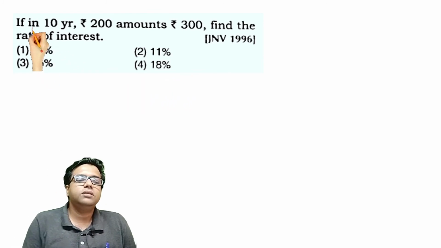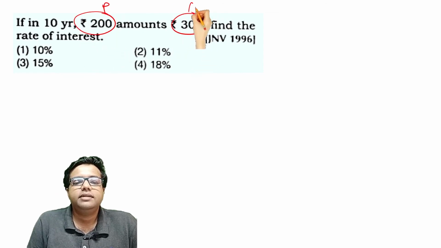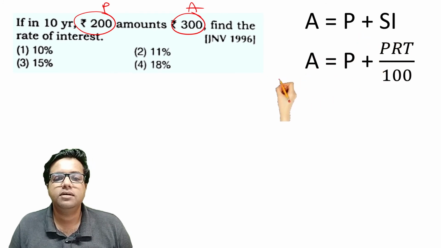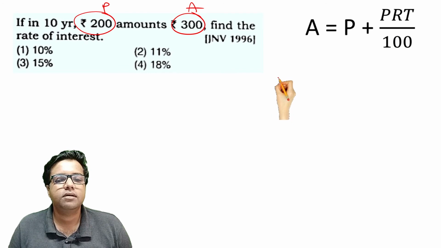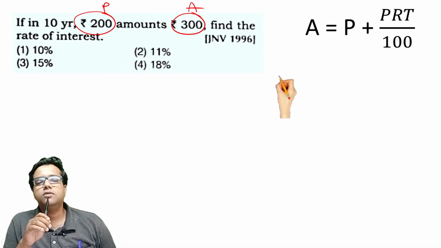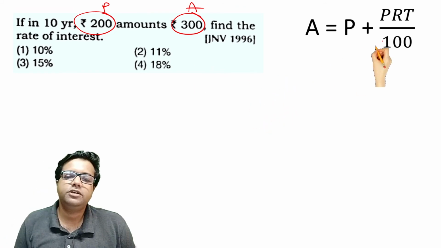But they have also given the principal and the amount. Principal and amount both are given, so we need to make use of this formula, right? Do we have to make use of this formula? Yes, we need to make use of this formula.